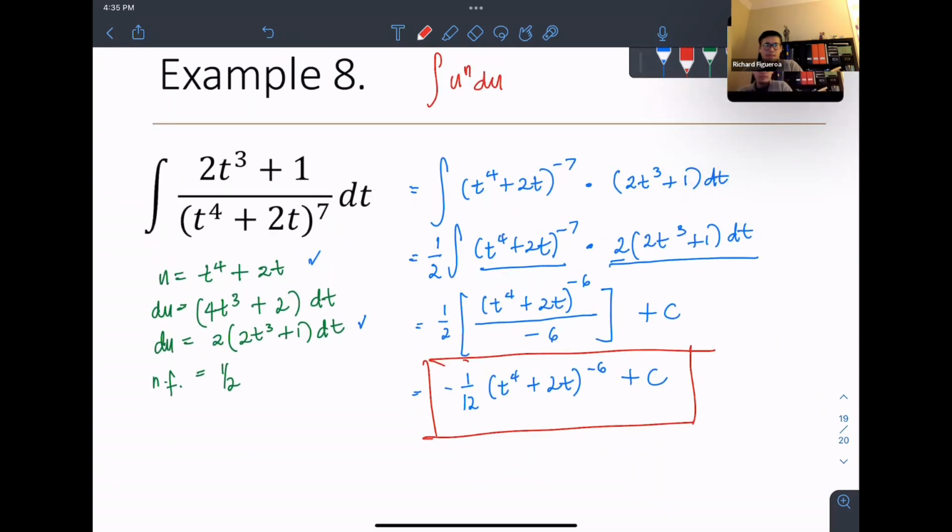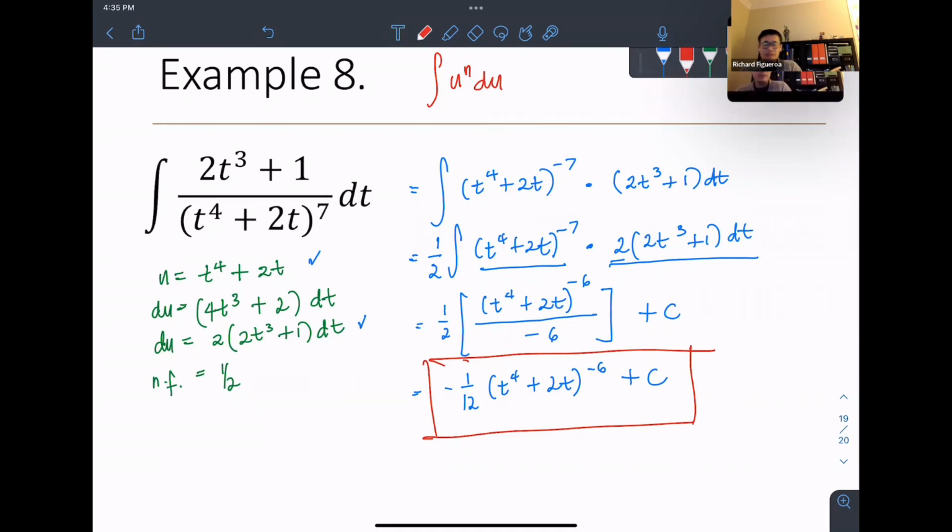Okay? So hindi lahat na pagka-derive mo, you'll always get exactly what was provided in the integrand. Okay? So there are cases that you need to factor out something first. So just like this one, I need to factor out 2 first. So until it will be equal there.